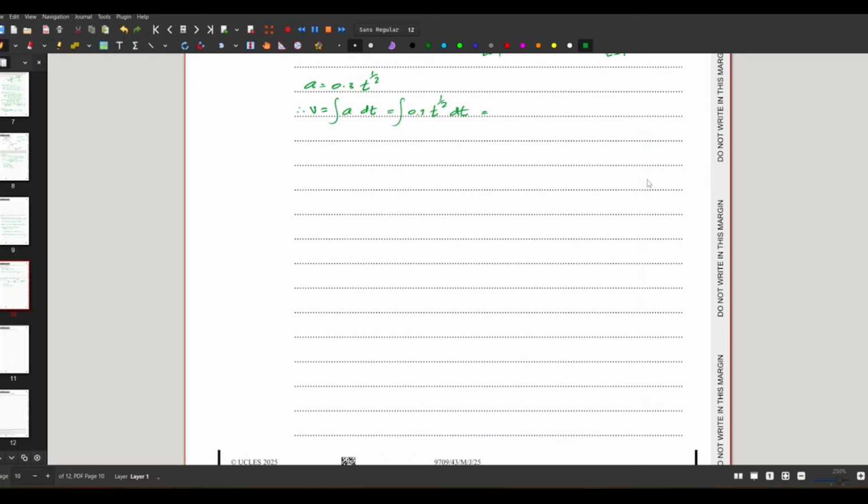So you can write here 0.3 is a constant, so you can leave it. Multiply. So we have to add 1 to the power. So half plus 1 is 3 over 2. And again divide by 3 over 2. So here I can cancel out 3, and 2 goes to the numerator.